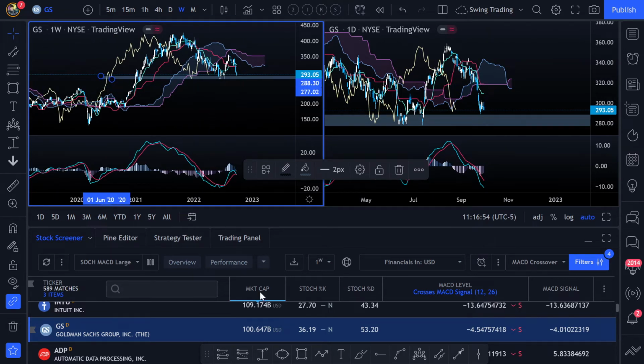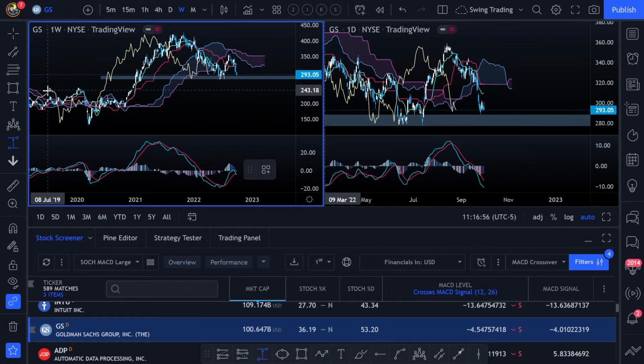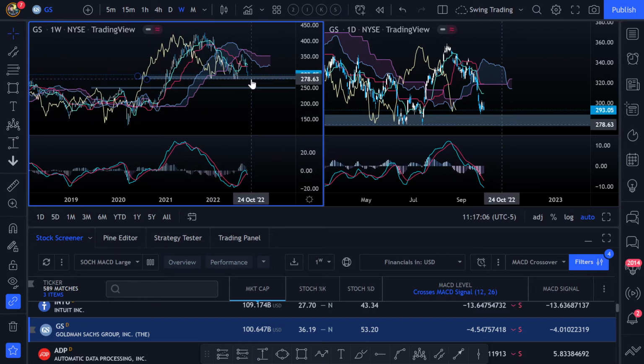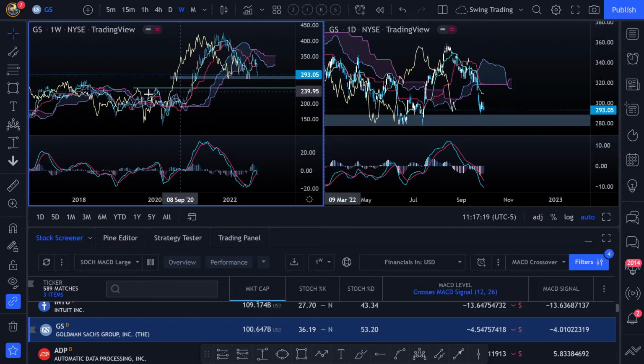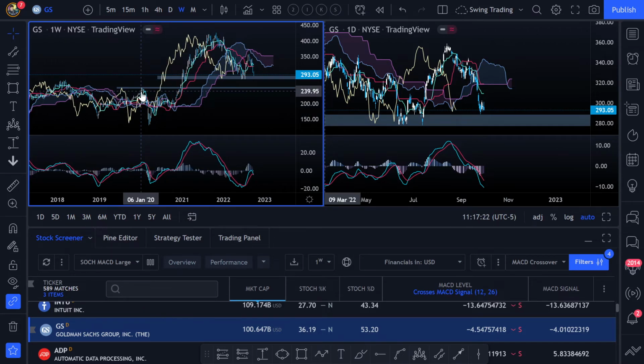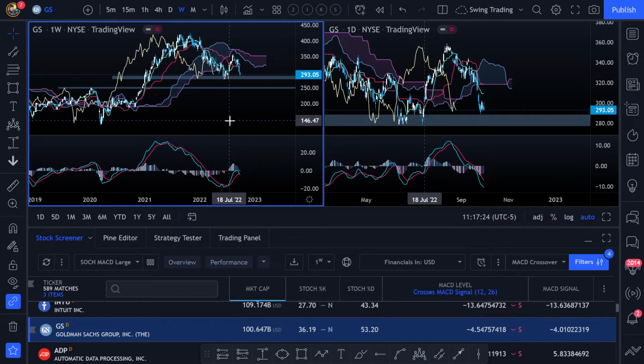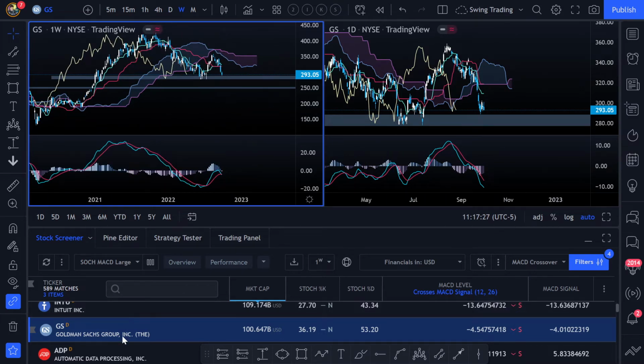And the first target of this bearish scenario is here. So if price is able to break the 285 level to the downside, I am expecting this stock to go as low as 250, according to the previous resistance back in January 2020. So, okay, let's see what it does.